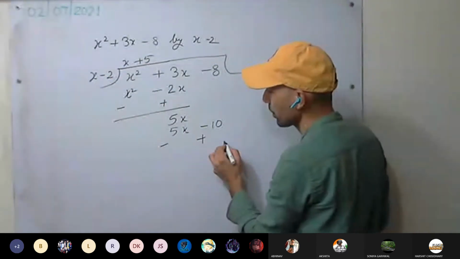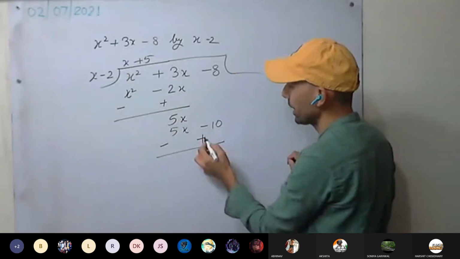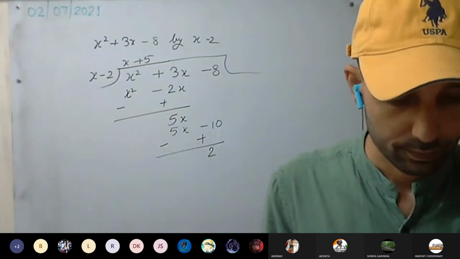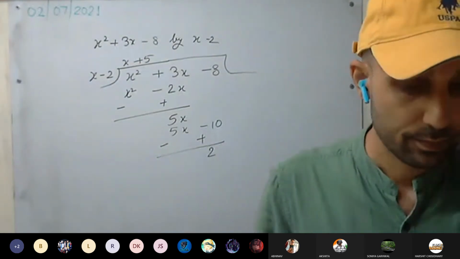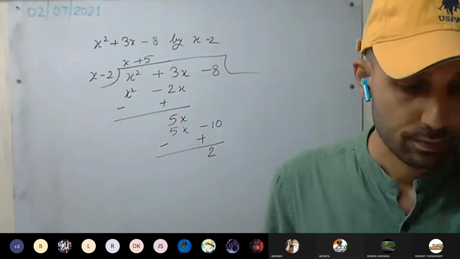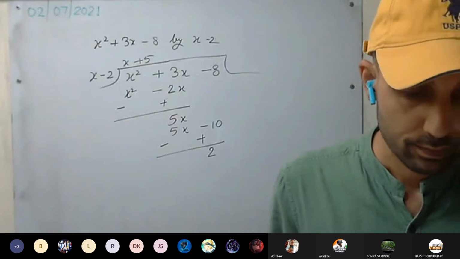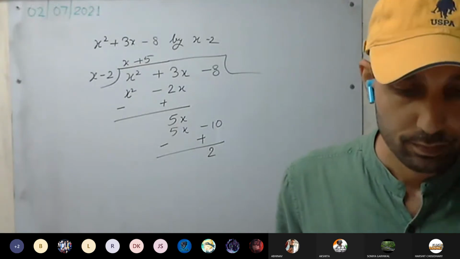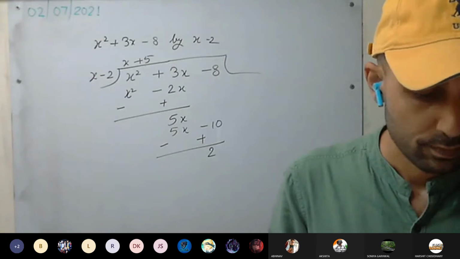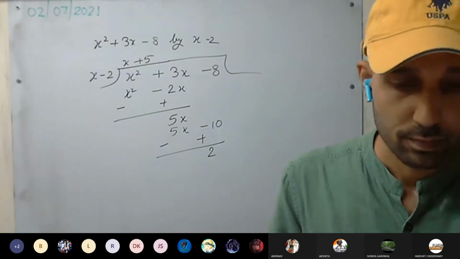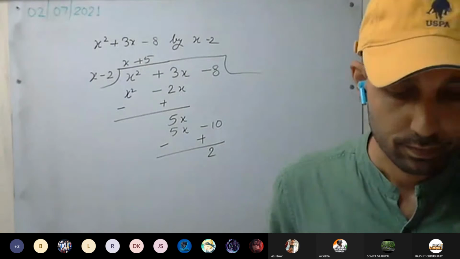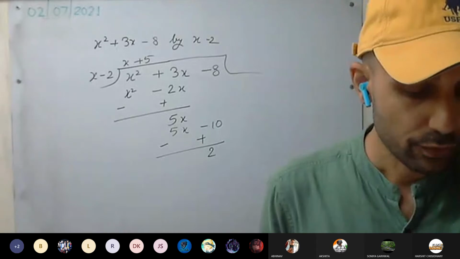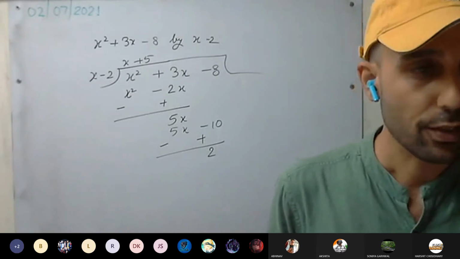Minus, plus: 0, minus 8 plus 10. Has everyone got it? Okay, solve the rest as well. Try solving the fifth as well.